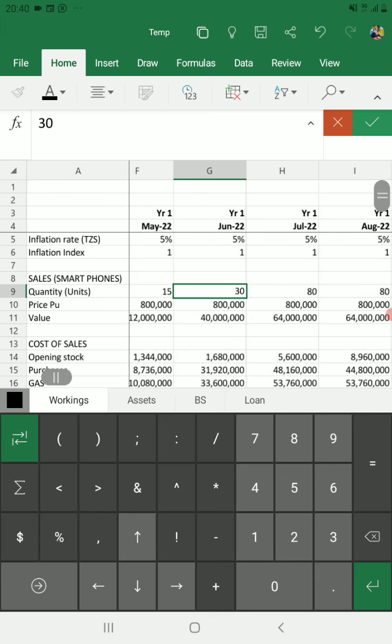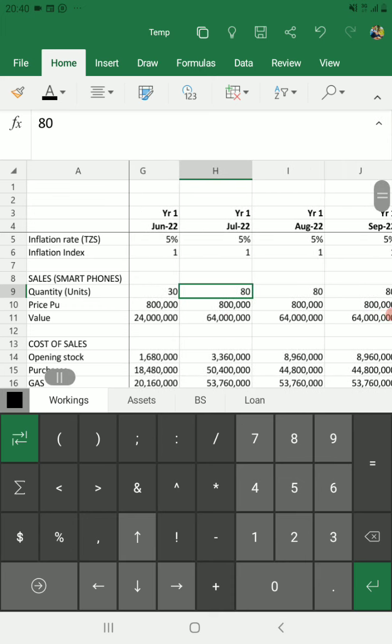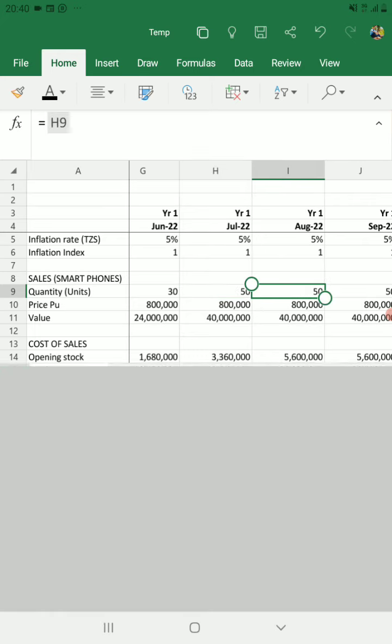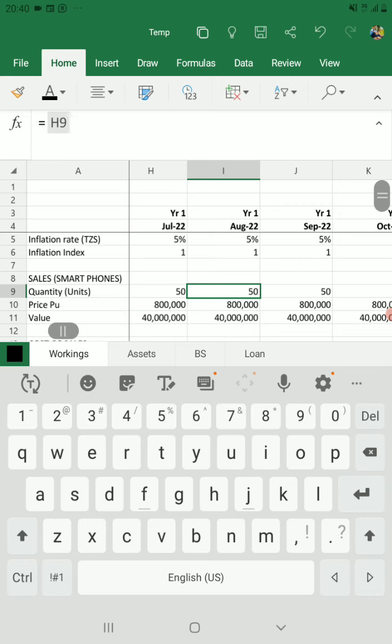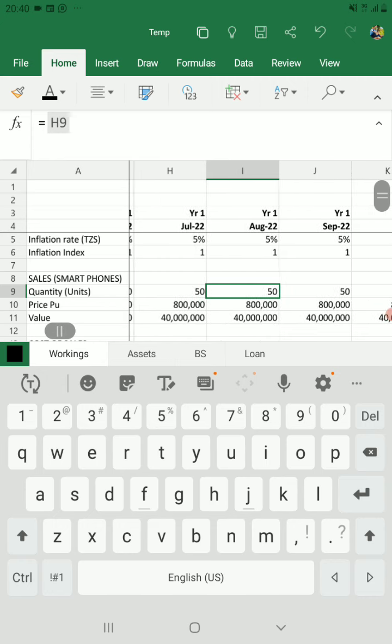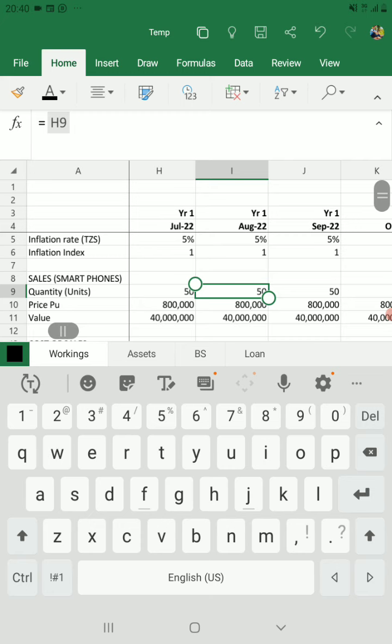And from here instead of 80 it is 50, and yeah, here is where we said that in July we arrived at a steady state.